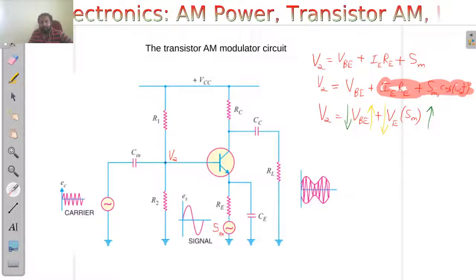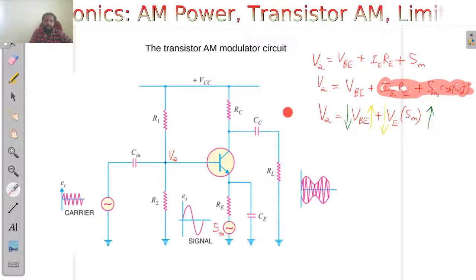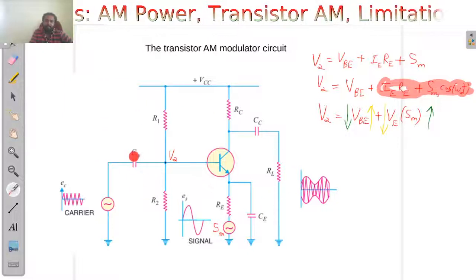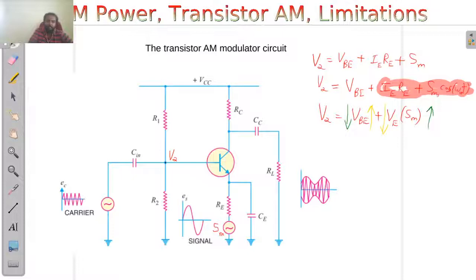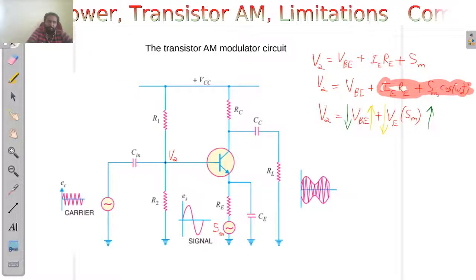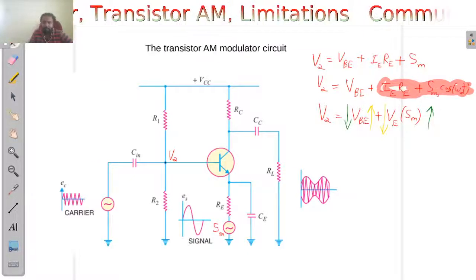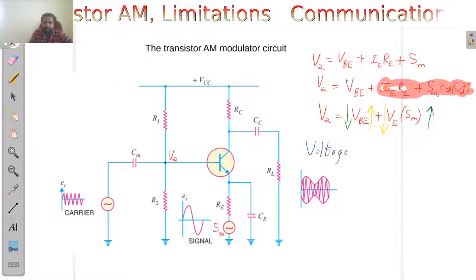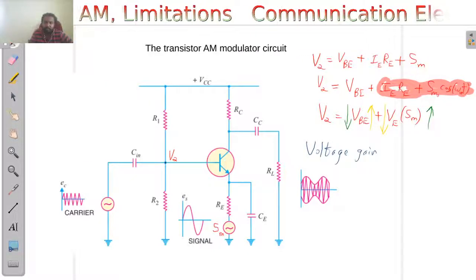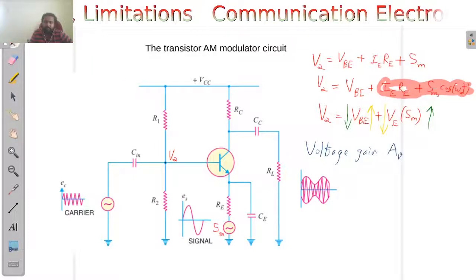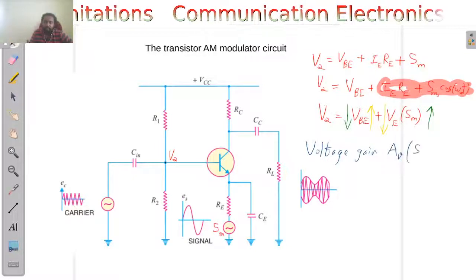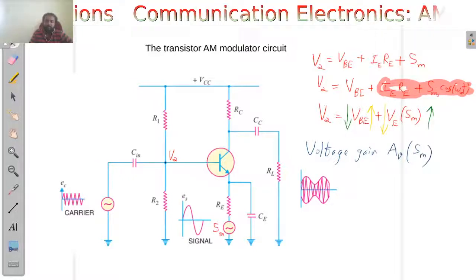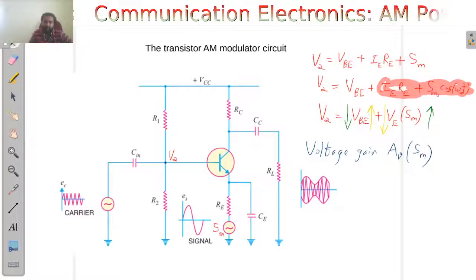That means the voltage gain of the single stage common emitter amplifier, let me write it like this, the voltage gain AB is a function of SM. That is our modulating signal.